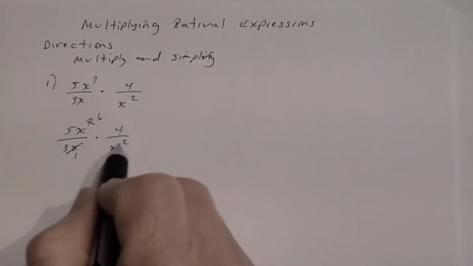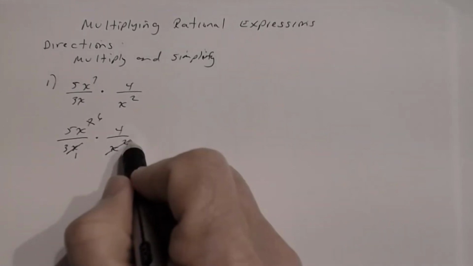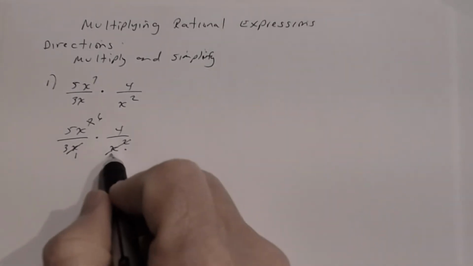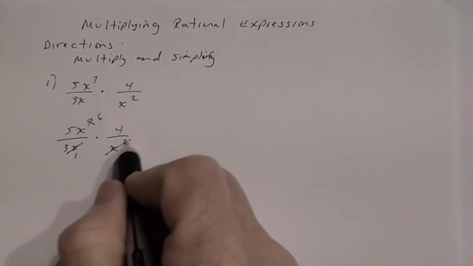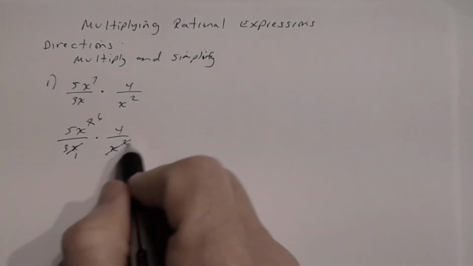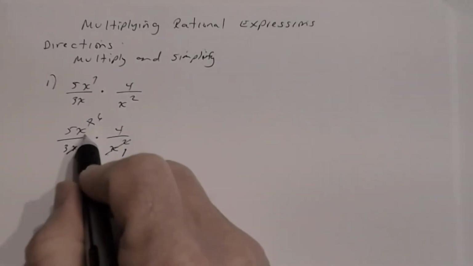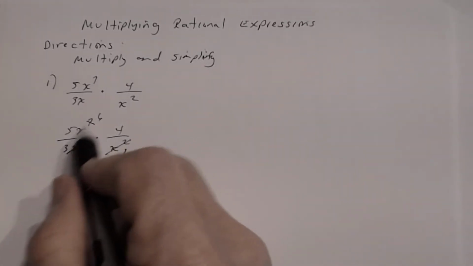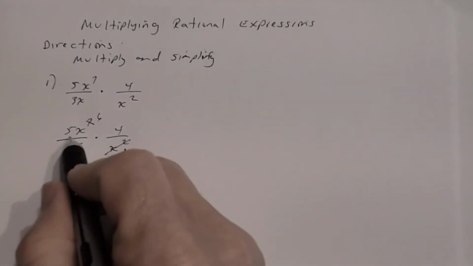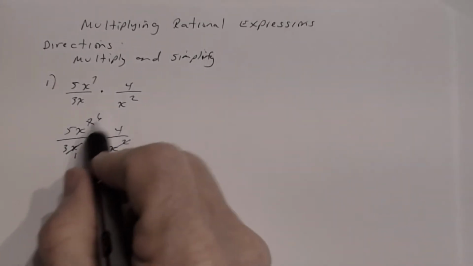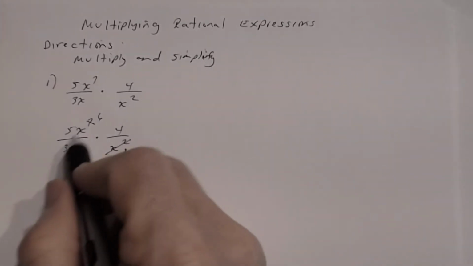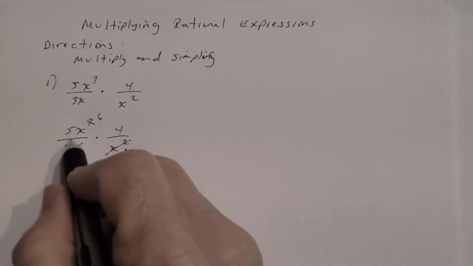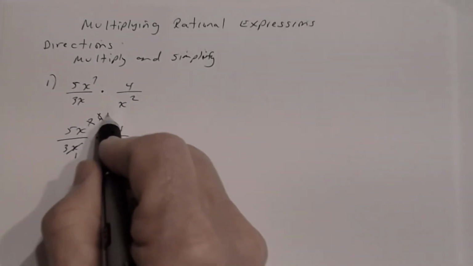Yes, there are 2 of them here, because you're taking x squared and dividing it by x squared, and x squared divided by x squared is 1. Then you're going to do the same thing here: x to the 6 divided by x squared. You divide this by x squared, and you're left with 4.